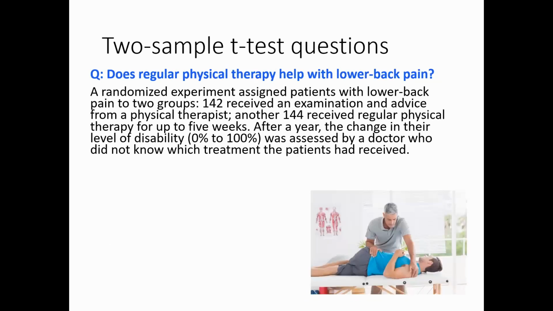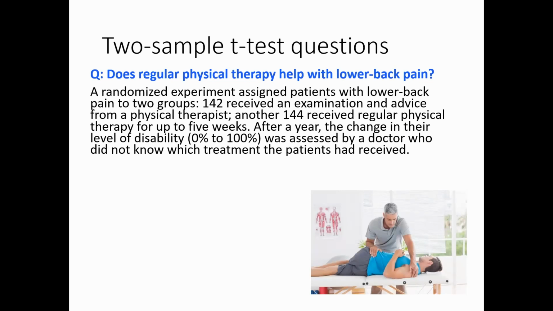Another question you could look at would be, does regular physical therapy help with lower back pain? Right? So how would you answer that? For example, you could take a randomized experiment, assign patients that all have lower back pain, and put them into 2 groups. 142 receive an examination and advice from a physical therapist.